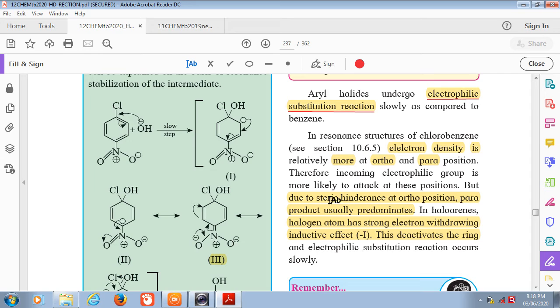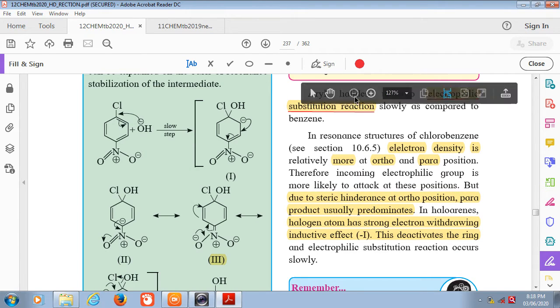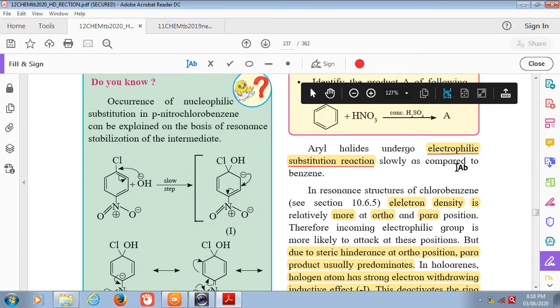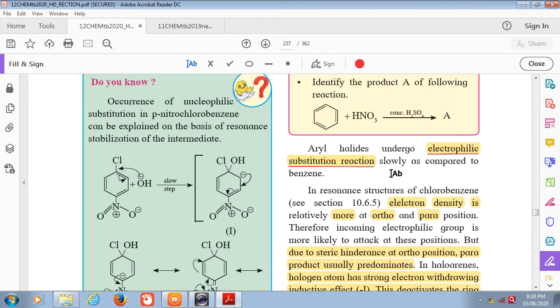So before that, aryl halides undergo electrophilic substitution reaction slowly as compared to benzene, because there is a halogen and it shows minus I effect.